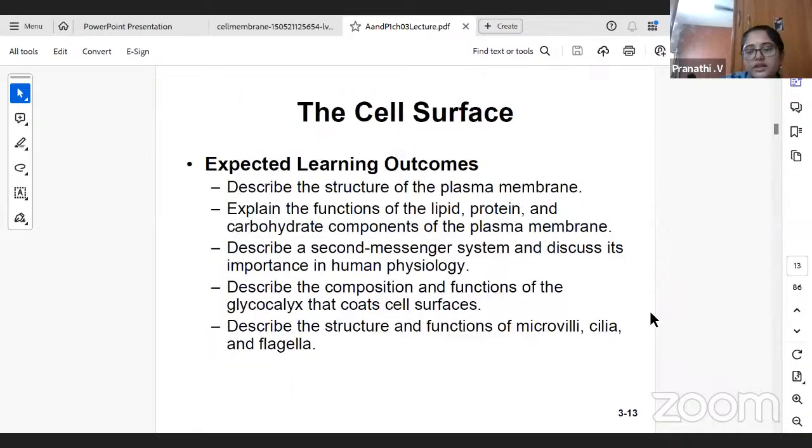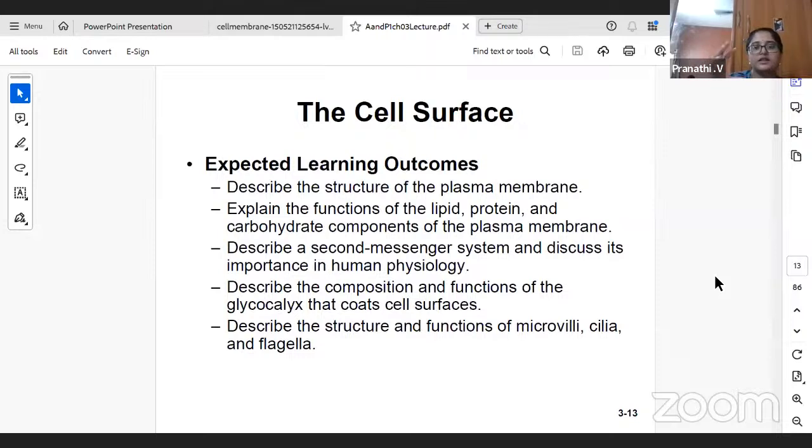So what are we going to learn with the cell surface as such? You're going to see the structure of the plasma membrane. What are the lipoprotein layers that are present? What are the carbohydrates that are present over here? And how is cell signaling taking place between cell and cell? And how are hormones actually important to us? So that is where you have your secondary messenger system and the cell signaling coming into place.